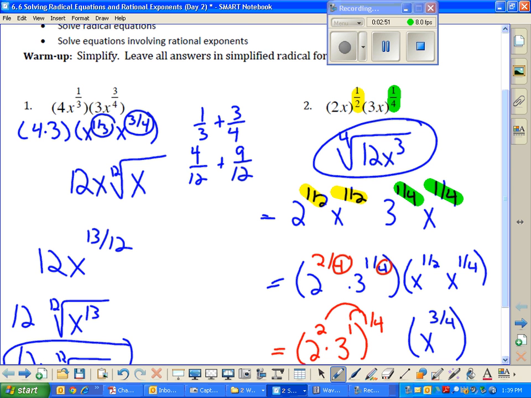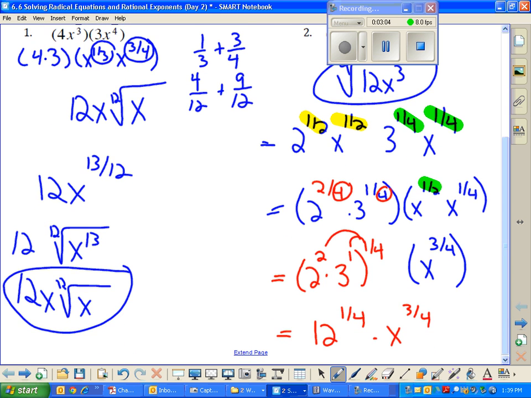I grouped my x's together, and then grouped together 2 to the 1/2 power times 3 to the 1/4 power. The x's are pretty easy to deal with. You just had to add 1/2 and 1/4, and that's 3/4. 50 cents and 25 cents is 75 cents, or 3/4. So that part is usually okay.